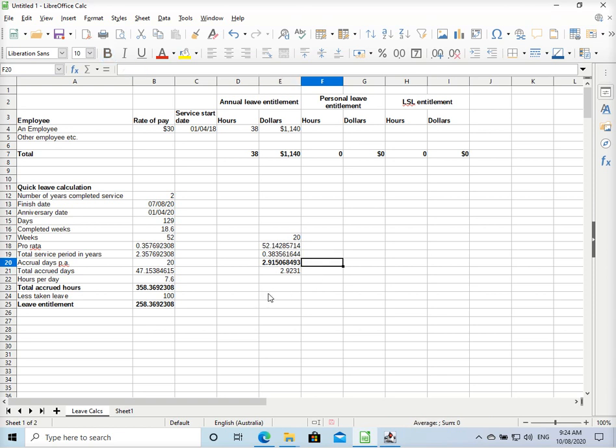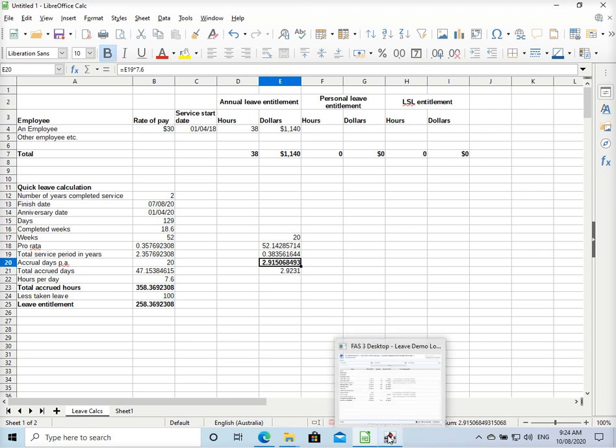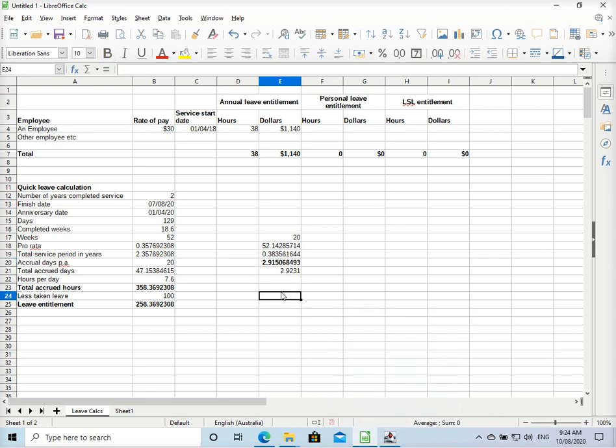In fact, I'm not entirely sure how the accrual rate is entered in BASOF, whether it's entered like that or entered on an hour per hour basis. I think it's entered on an hour per hour type basis, so you probably want to enter this number into the system.